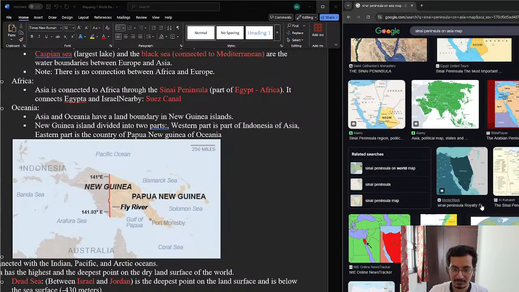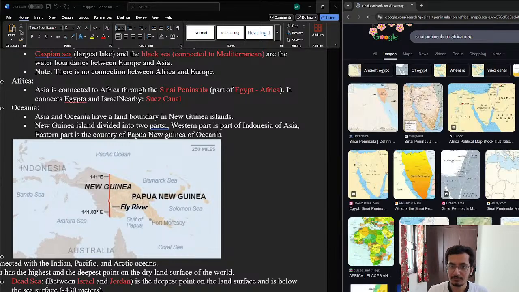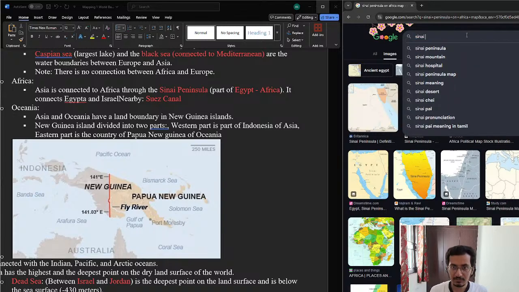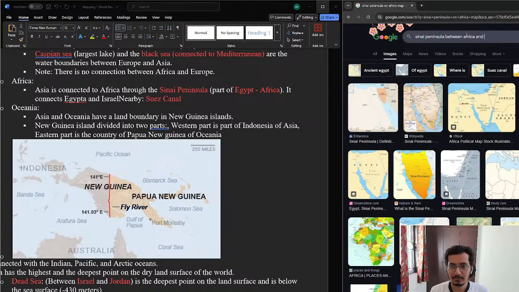Yes, this is basically the closest you are going to have to an actual world map. Um, Africa map, maybe I should check out an Africa map. Yeah, an Africa map should give you the Sinai Peninsula, between Africa and Asia.